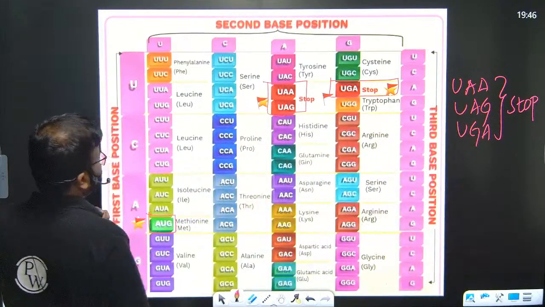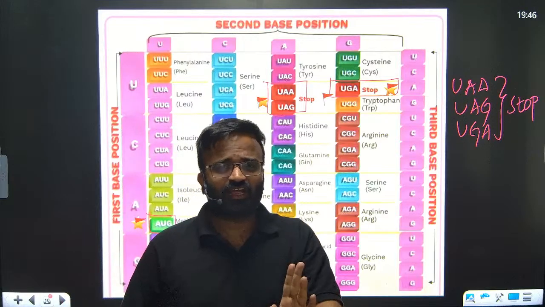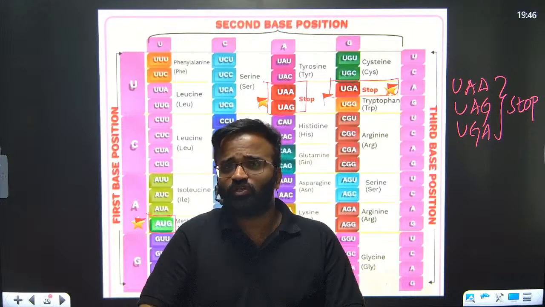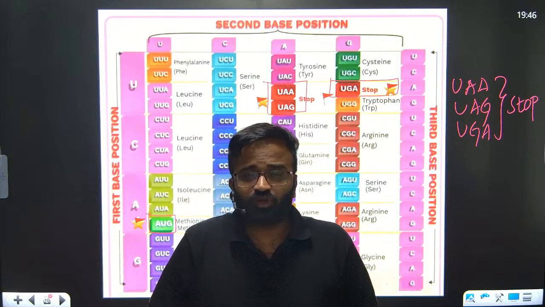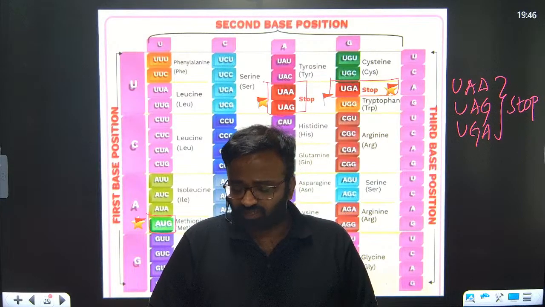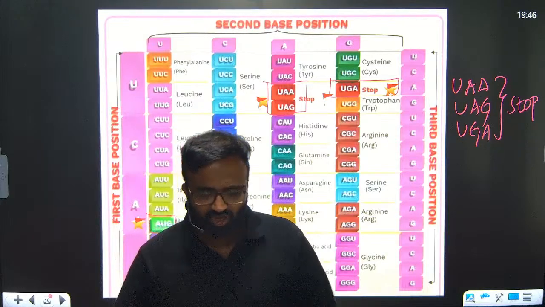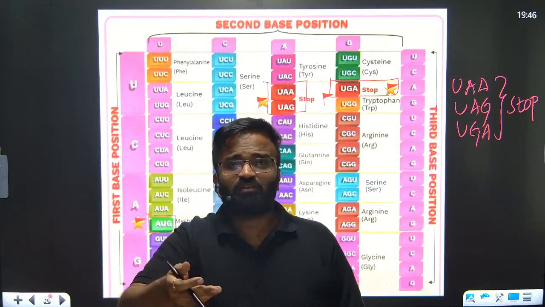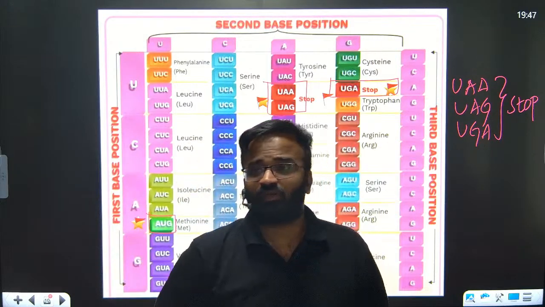I'll tell you, this is the only place, or the second one, where I use mnemonics. Otherwise I don't use mnemonics at all. My students in offline classes know that I very rarely use them. Why? There are so many mnemonics on YouTube, and students are memorizing them, but you need a mnemonic to remember the mnemonics.